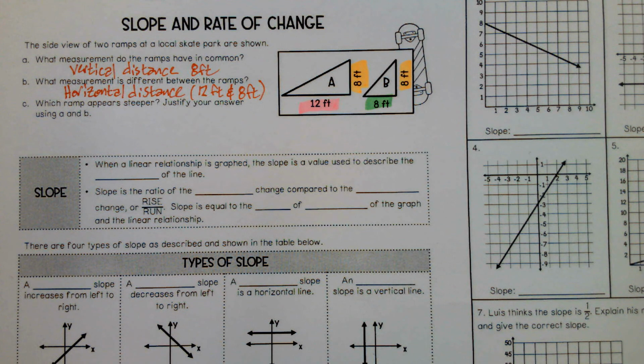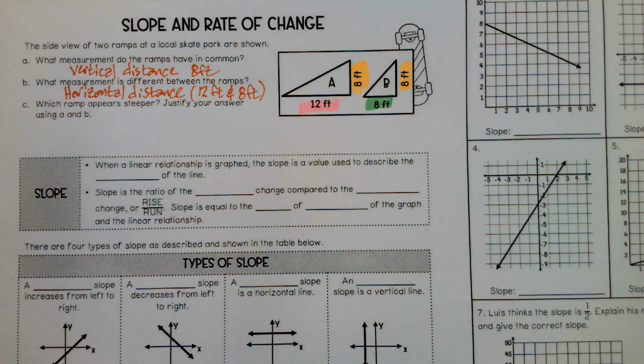So here's the key question, the last one. Just by eyeballing it, and maybe you can back it up mathematically, ramp A or ramp B, which appears to be steeper? Okay. Why? What do you think? Because the ratio of height or vertical distance and horizontal distance compared to each other is only 1-to-1.